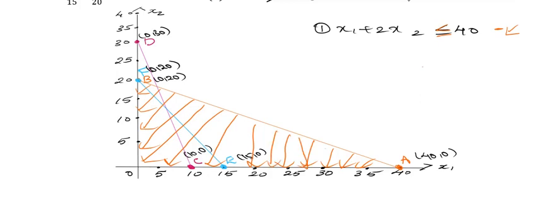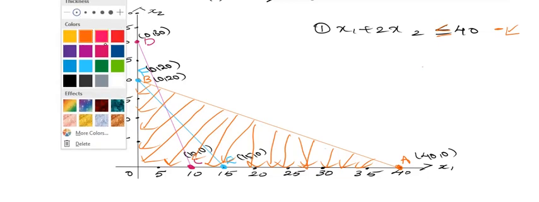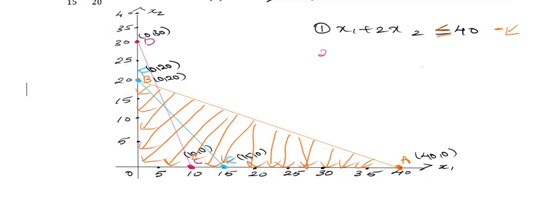The next step, take the second equation. What is the second equation we have? The second equation I have colored here with pink color. So to make it different, I am taking the second equation, which is of the type 3x1 plus x2 greater than or equal to 30. So the value is greater than type.